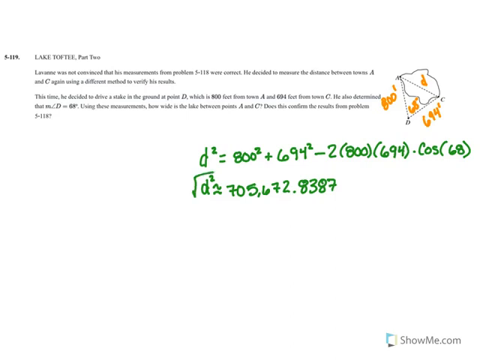You're going to use the answer button anyways, so it doesn't matter how many digits you write down. So square root both sides, and D is approximately, square root, second answer, 840. Yep, 840. And it's feet, right? So there's your answer.